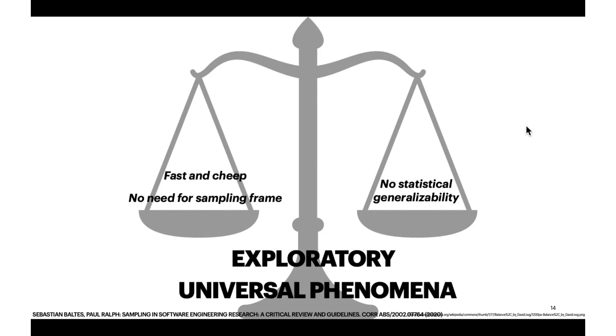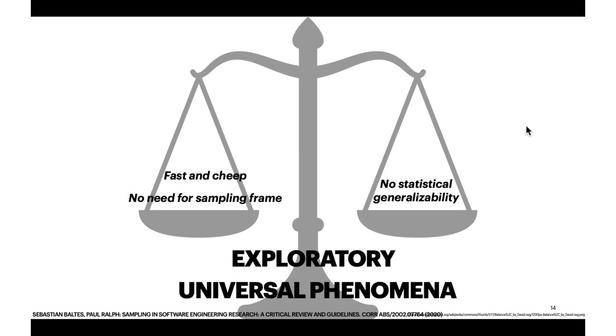However, convenience sampling, of course, has its limitations. There is no statistical generalizability. And if you are talking about people, it is very easy to obtain biased results. For instance, if you interview only people who have studied in Eindhoven, they might share some kind of attitude towards certain software development aspects, which can be traced back to courses they all have followed.